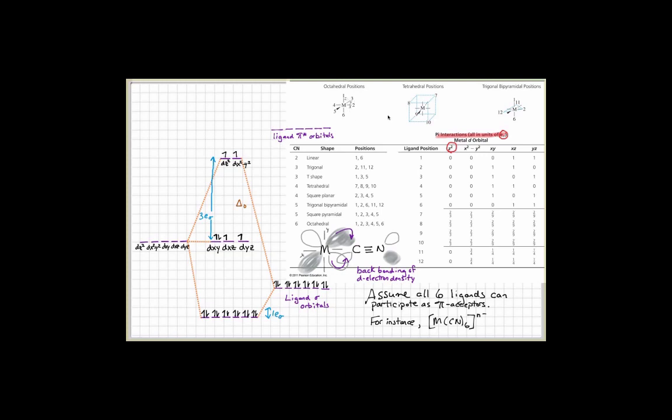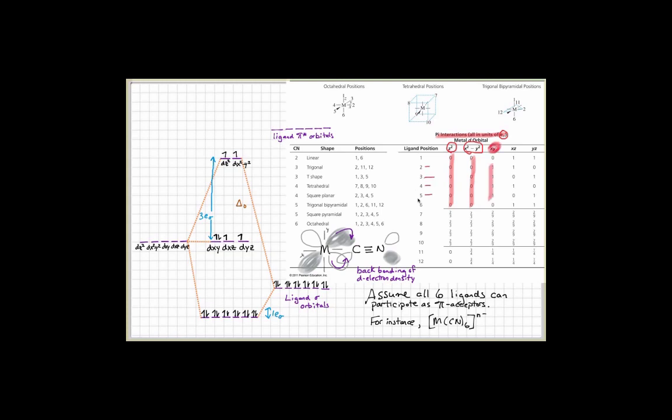But now in the pi interaction, the dz squared has 0 overlap with these types of pi star orbitals. And so this dz squared will be unaffected. And that holds true for the dx squared minus y squared. 0 overlap with the pi star orbitals of ligands in positions 1 through 6.